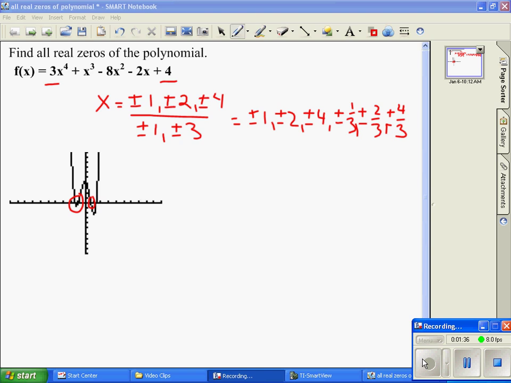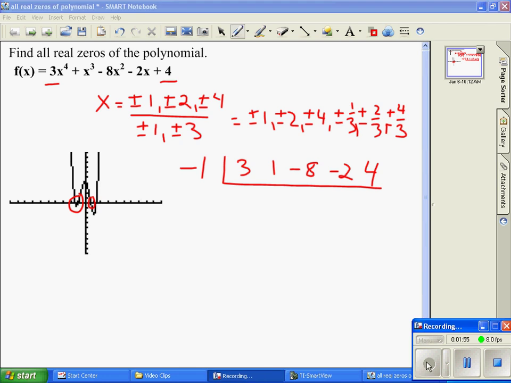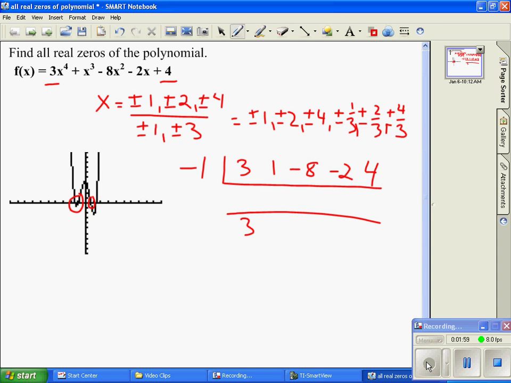Okay, so I'm going to test out -1 first and see what happens. So again, write the coefficients of your polynomial. Okay, so bring down the 3. 3 times -1 gives you -3.